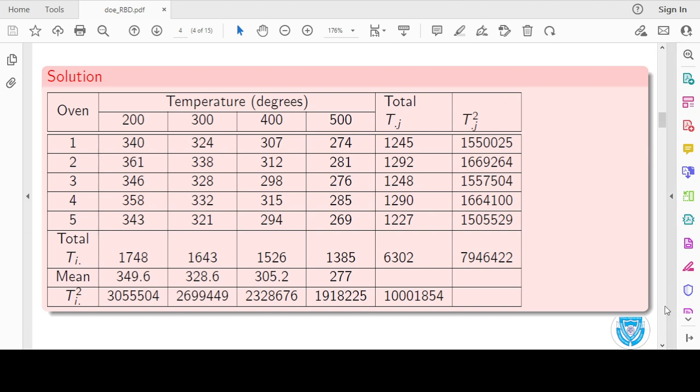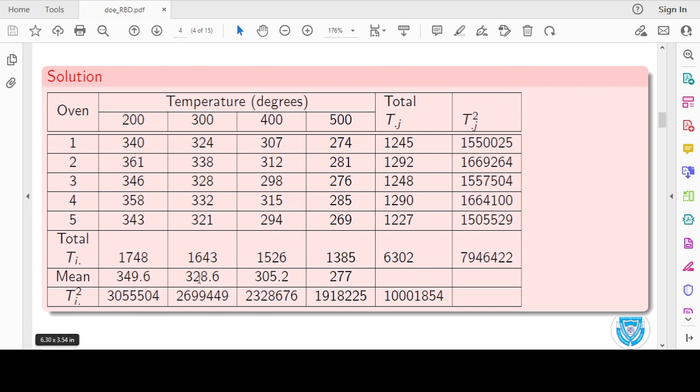For calculating, we write the data given in tabular form and obtain the totals row wise and column wise. Here rows denote blocks, so the totals we get are the block totals, written as T dot j. These are the treatment totals, the column wise totals, and this is 6302, the total of all 5 into 4, that is 20 observations.